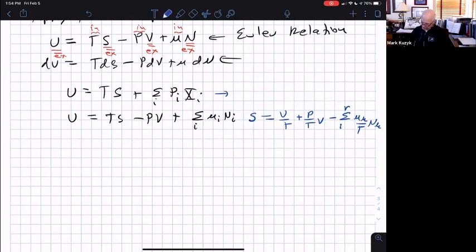And then up here, we would have s equals sum over j equals 0 to r of F_j X_j. This is just a general way of saying the expression below for all the possible extensive properties of the system.